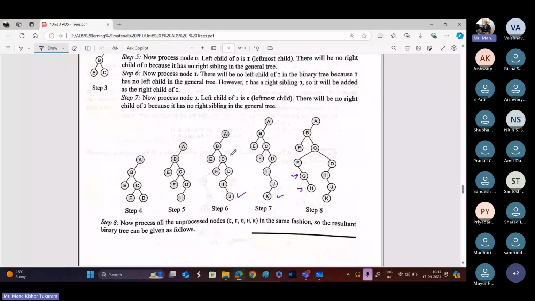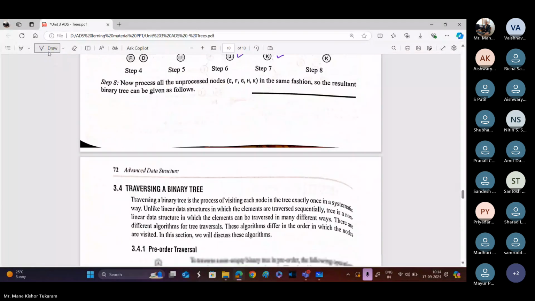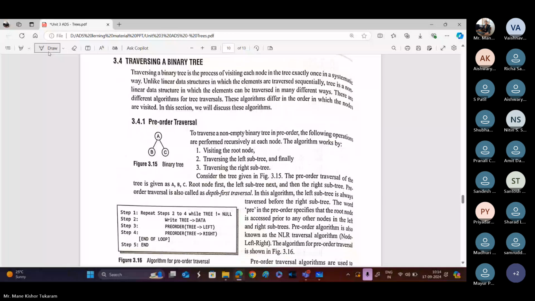Then let's see the next step. That is traversing. So inside the pre-order traversing, so traversing means what? Traversing of the binary tree is the process of visiting each node in a tree exactly once.